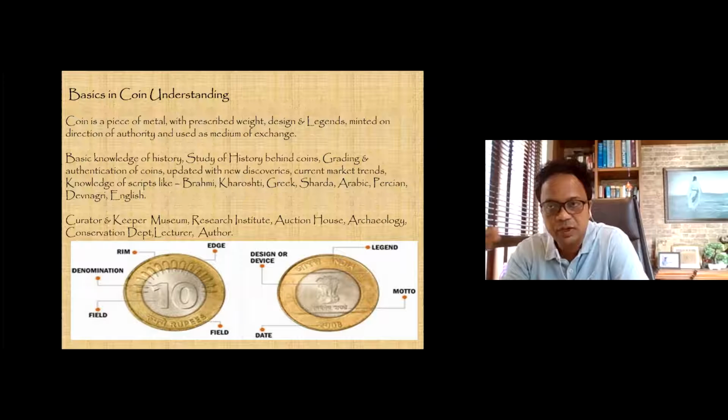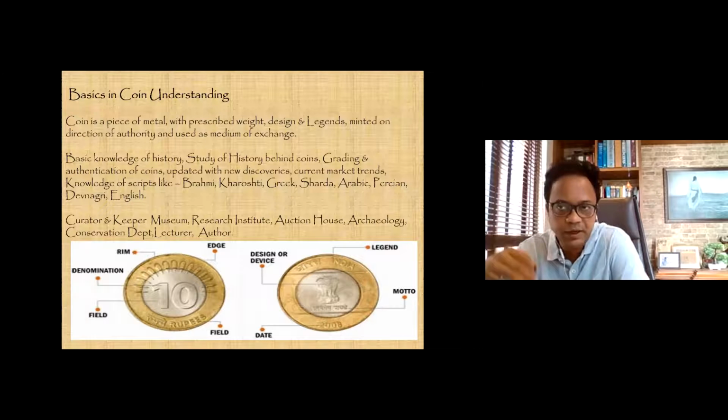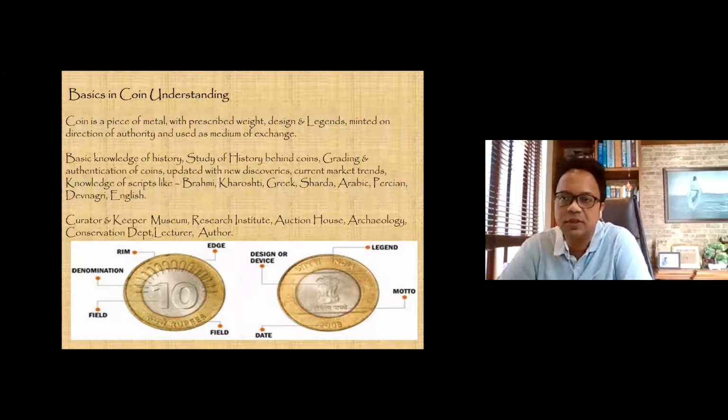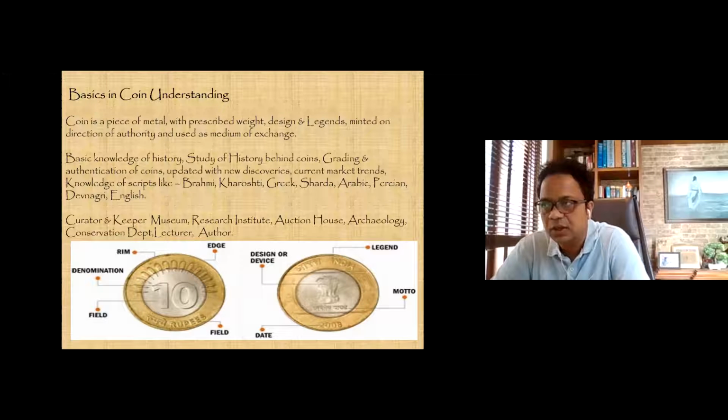Devnagari, so a lot of Maratha coins, even in South India, have Devnagari, either Marathi, Hindi, or some derived language out of those alphabets. And finally, English, typically on coins minted in India by the British or by the Portuguese or the French.